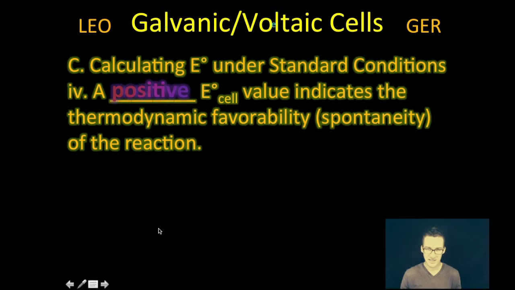So it's tricky for me as well to reframe it as thermodynamically favored, but try and use that terminology. It'll help you out in the long run. I think it'll make more sense once we get to the thermodynamics unit. But you're looking for positive standard cell voltage values. If you don't have a positive standard cell voltage value, the reaction is not going to happen. It'll make a really bad battery.